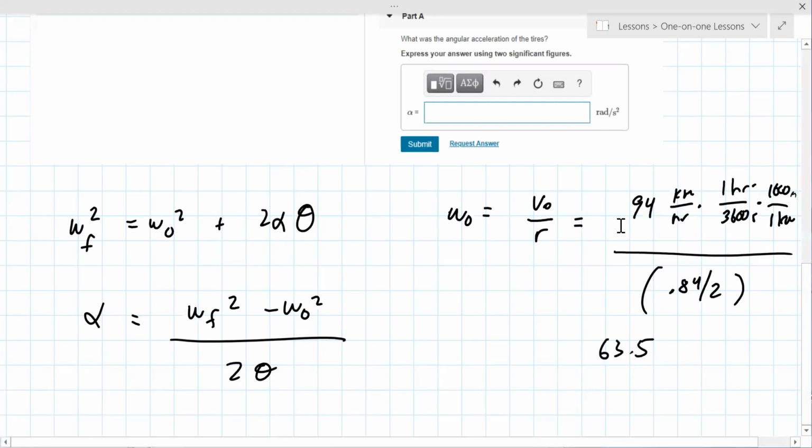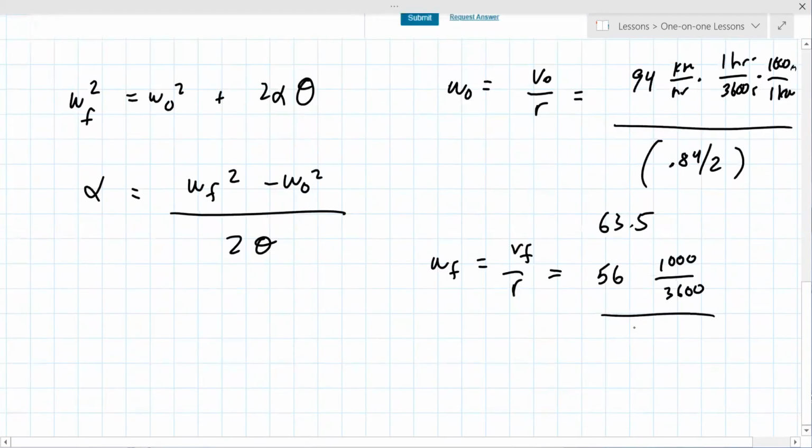Okay, so that is omega initial. Now we have to do omega final. It's the same thing: v final over r. So it's 56 times 1,000 over 3,600, divided by 0.84 over 2. 56 times 1,000 gives 56,000.